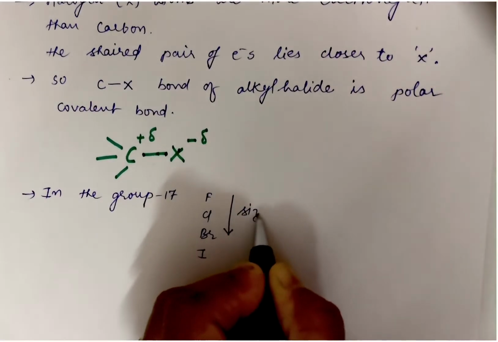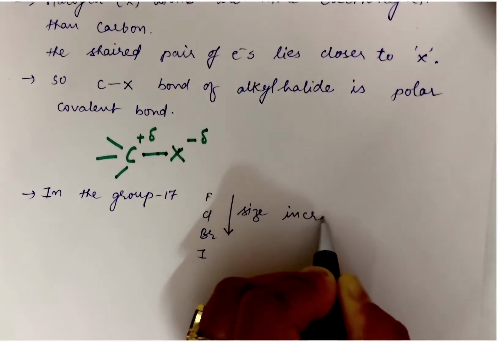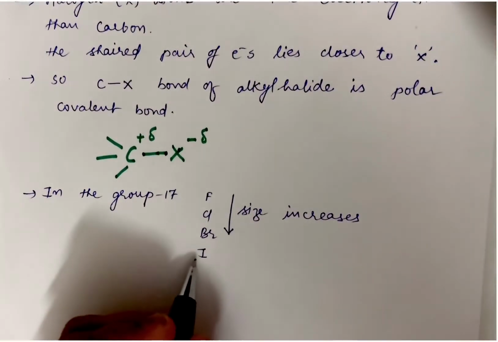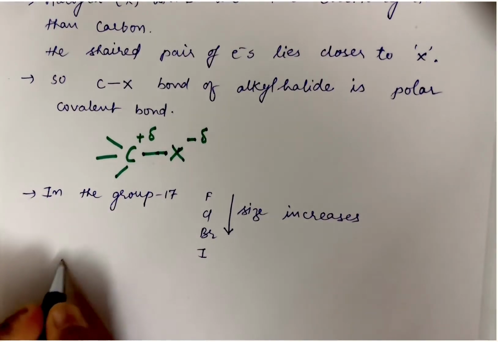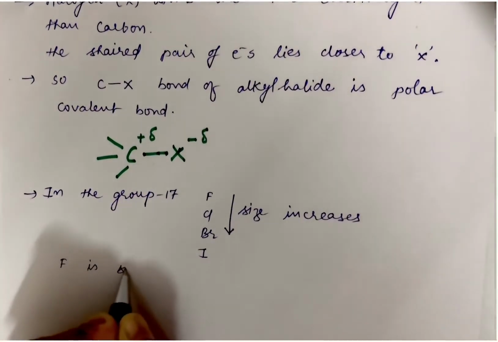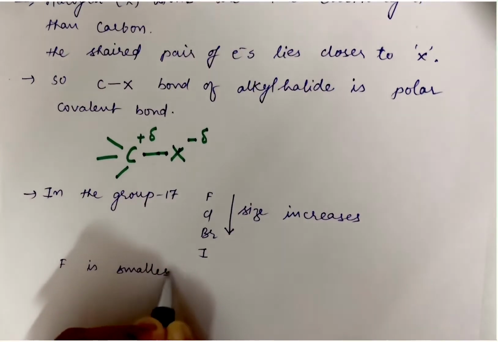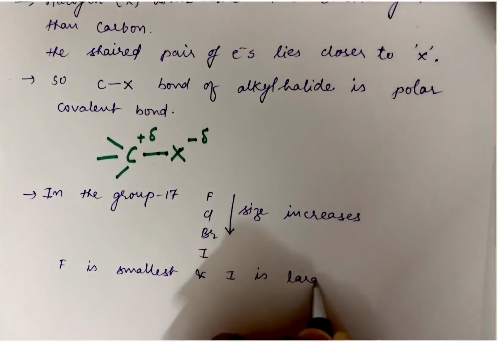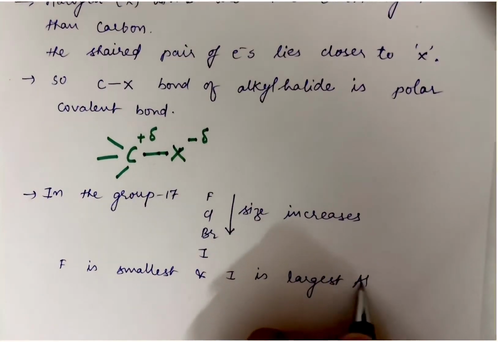You are knowing that the size keeps on increasing. Okay. So in 17th group, when you are moving down from fluorine to iodine, size increases, indicates your fluorine is smallest and iodine atom is largest atom.